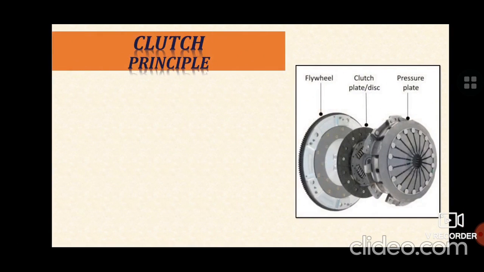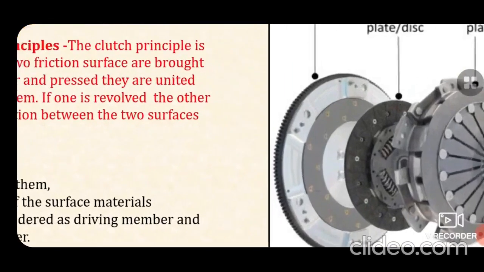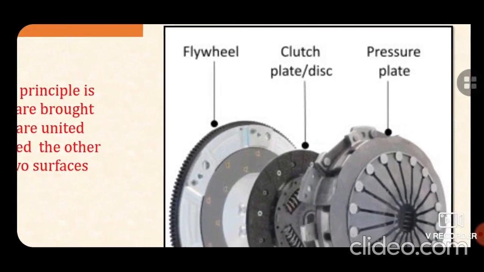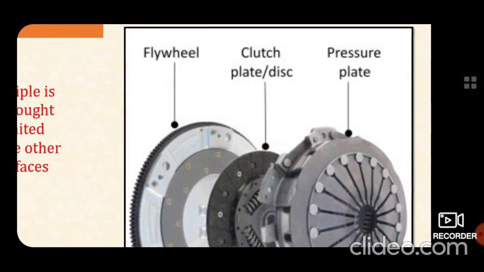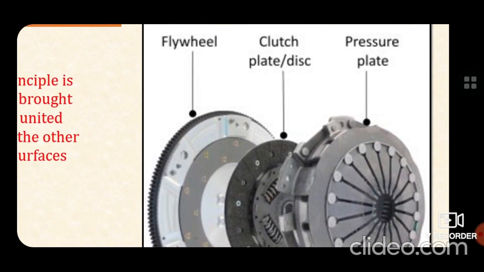Now let us discuss what are the principles of the clutches. Generally, the principle of clutch is explained by the diagram here. You just observe this part is the flywheel on the left side, and on the right side it is the pressure plate.